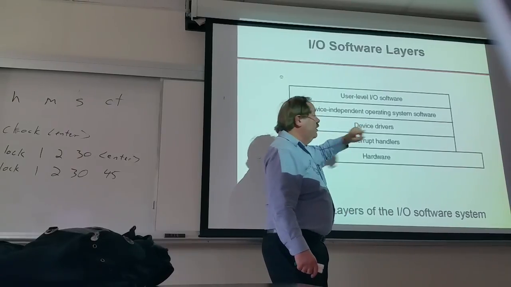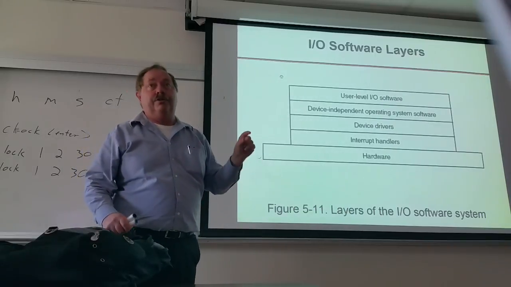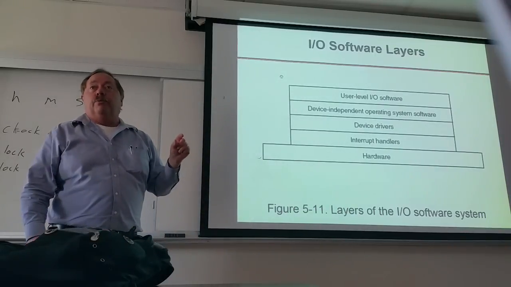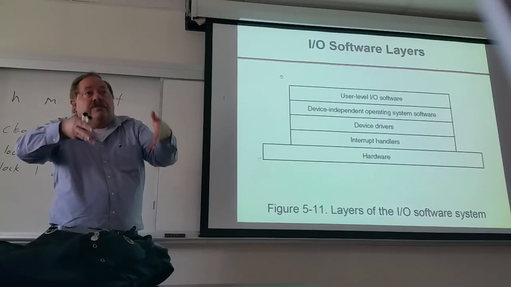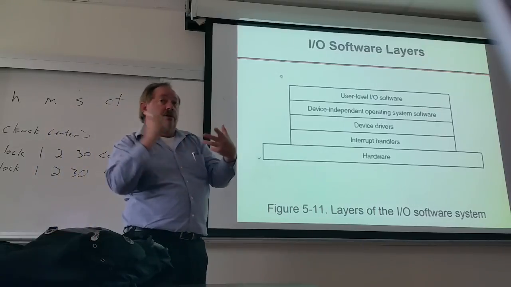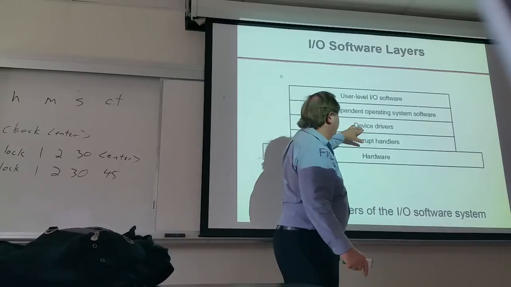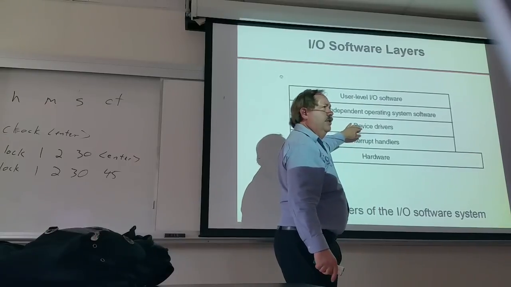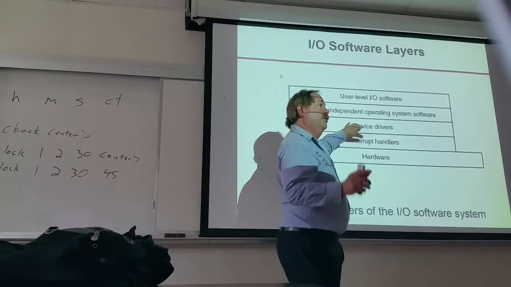And since we have so many different manufacturers with so many different architectures of hard disks, we're going to have a lot of different device drivers that understand that specific hard disk drive, that understand its addressing scheme and its control signals. So it's very specific to each of these different manufactured devices.